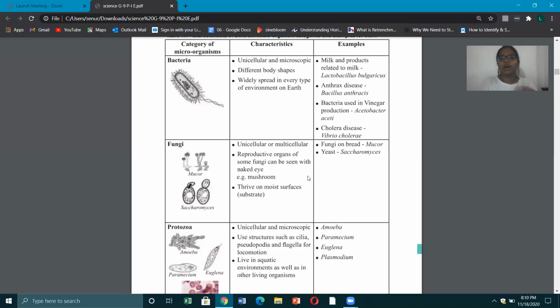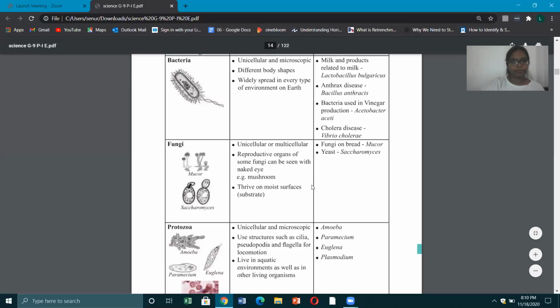So now, when we take this specific table, there are two favorable effects of bacteria and two unfavorable, adverse effects we get from bacteria. One is that they are used to produce dairy products, and at the same time we get diseases because of them.